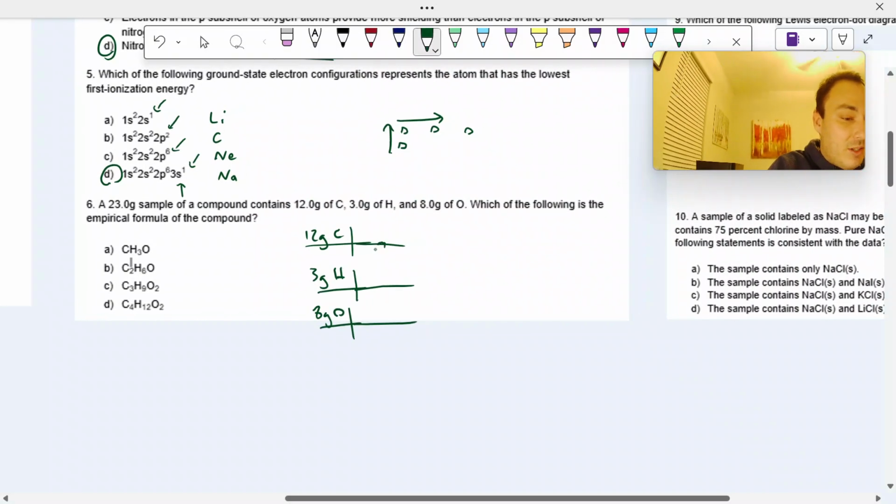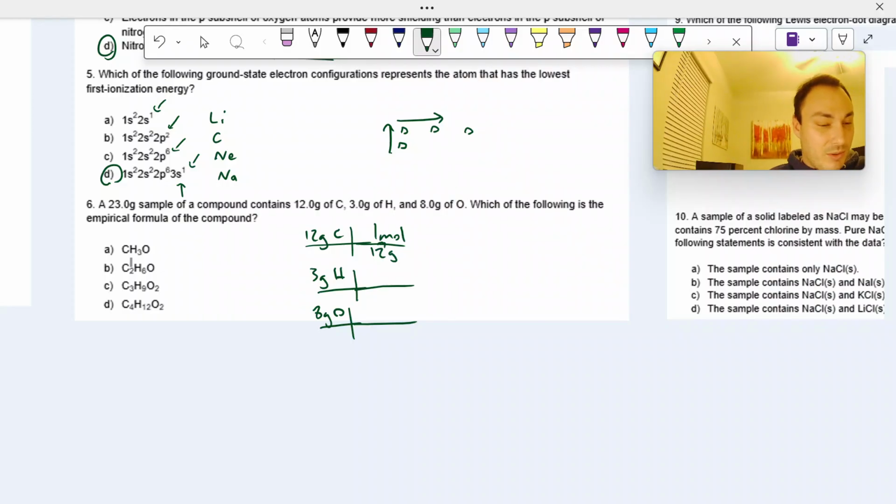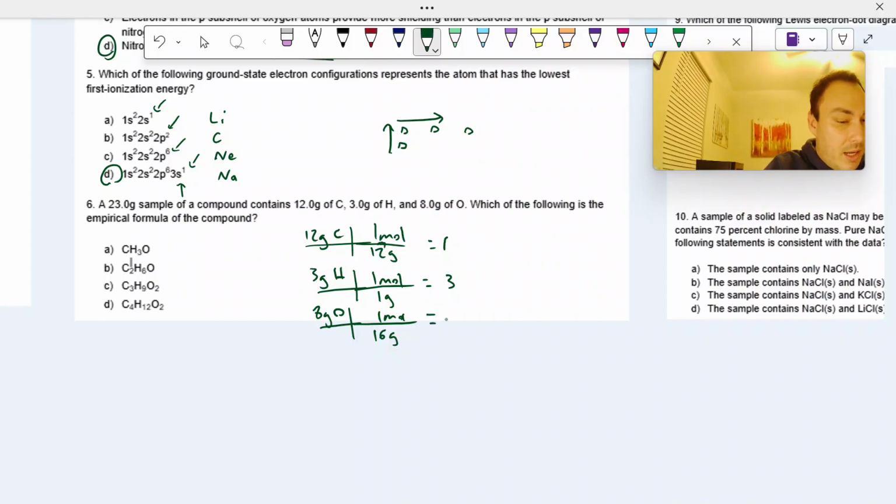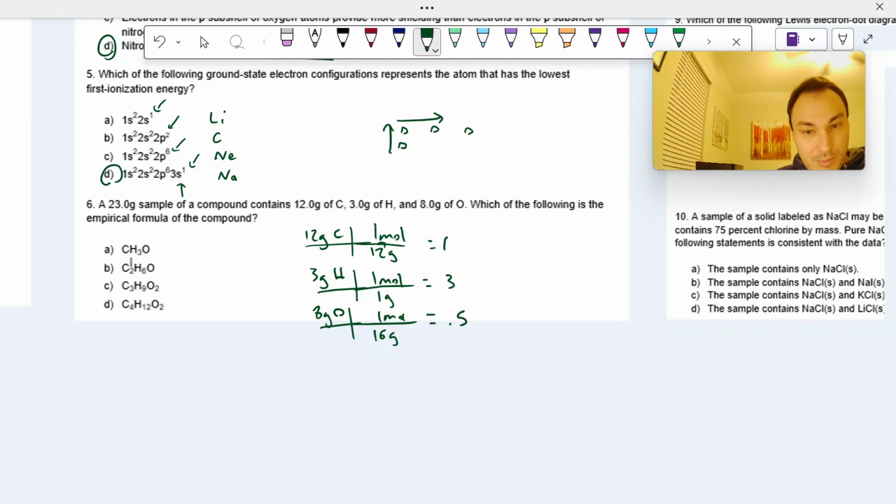Carbon is 12 grams per 1 mole. I know it says like 12.01, but it's a multiple choice question, so we can simplify. Hydrogen is 1 gram per 1 mole. Oxygen is 16 grams per 1 mole. So we end up with 1, 3, and 0.5. To get them all to whole numbers, we can divide by 0.5, which is the same as multiplying by 2.